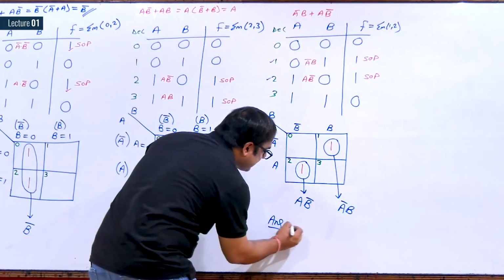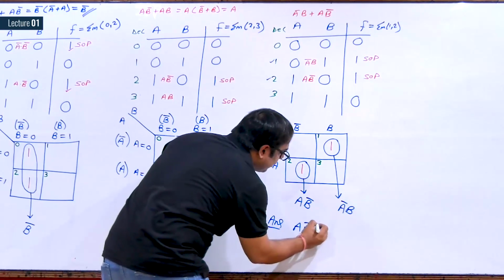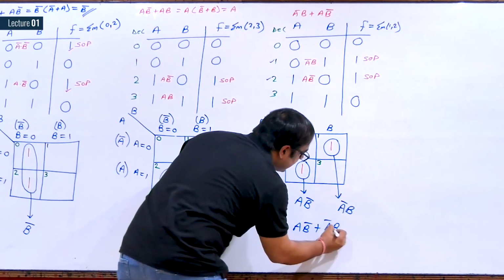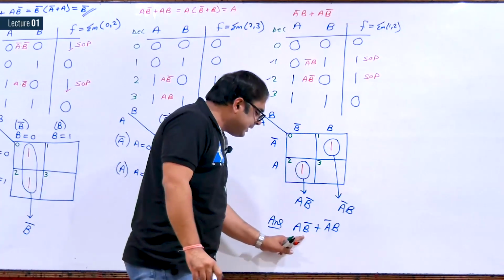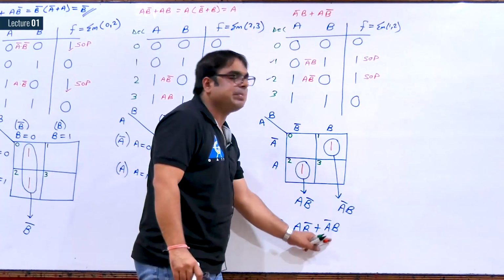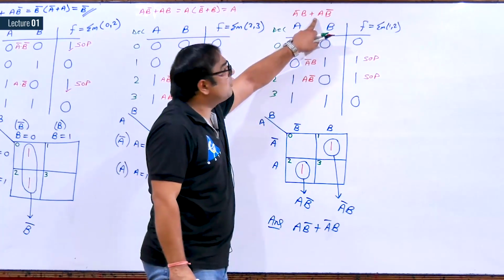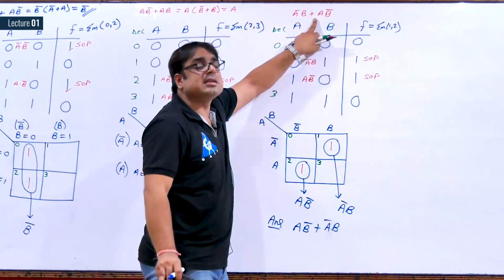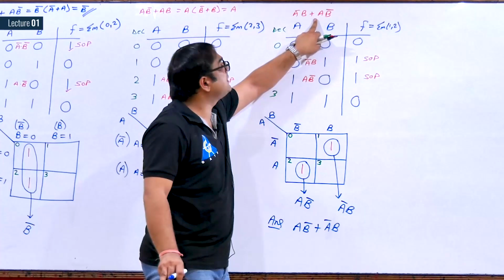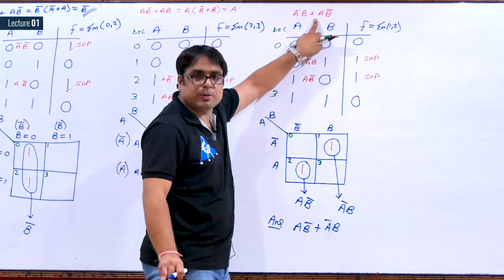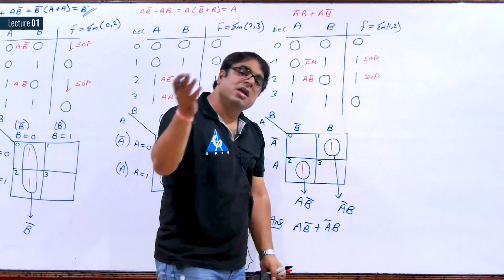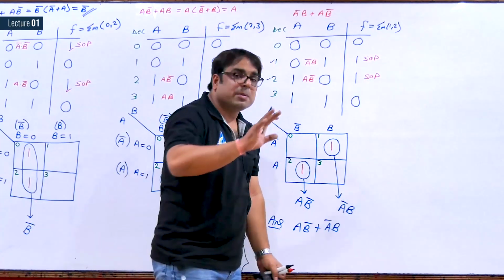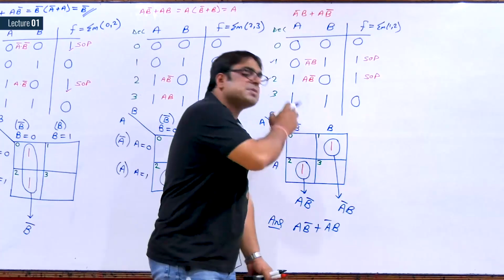So your complete answer is A B complement plus A complement B, the same answer which we were getting using Boolean law. So what we have learned is that a horizontal group is possible, a vertical group is possible, but diagonal groups are not possible.